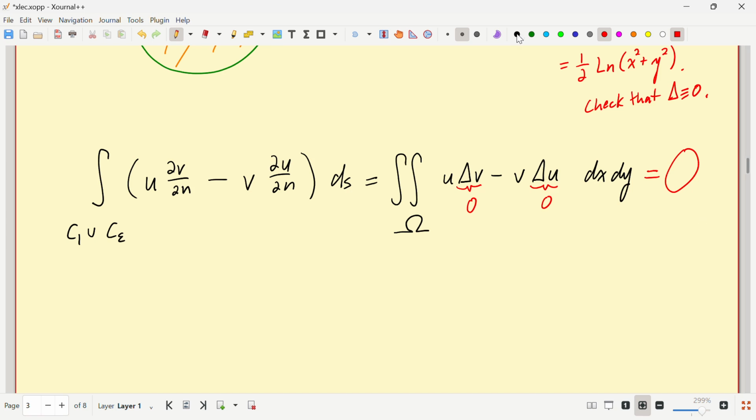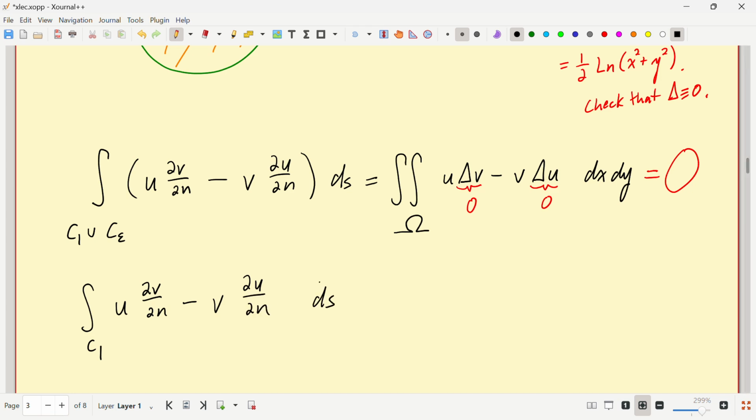And this integral is going to be the integral around the outer circle, of dv/dn minus v du/dn, ds.